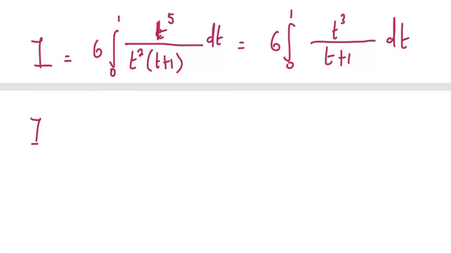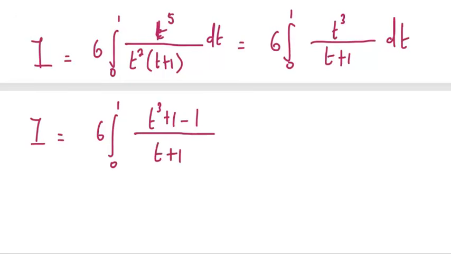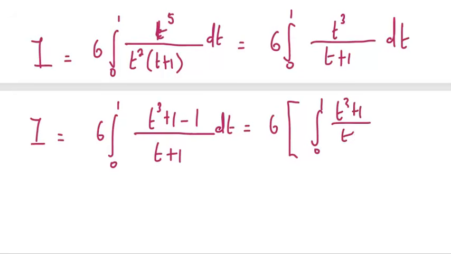Now let's take note, we can actually manipulate the numerator as follows. We have 6 multiplied by the integral from 0 to 1 of t raised to the power of 3 plus 1 and then minus 1, divided by t plus 1 dt. So splitting the numerator, we get 6 into bracket the integral from 0 to 1 of t raised to the power of 3 plus 1 divided by t plus 1 dt, minus the integral of 1 all over t plus 1 dt.